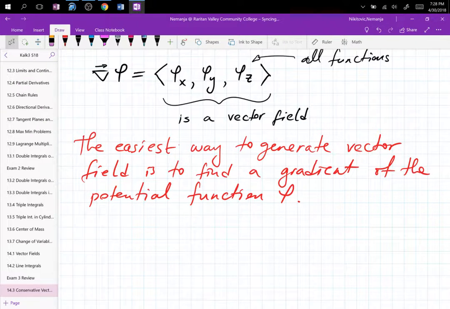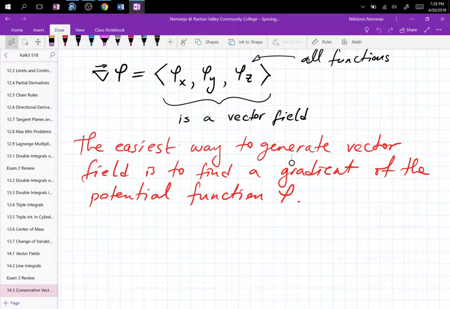Now, the interesting thing is that if you are able to take the gradient of the function and get the vector field, the interesting question is if you can actually develop a procedure which will allow you, if you have a field, to figure out which function generated that field.